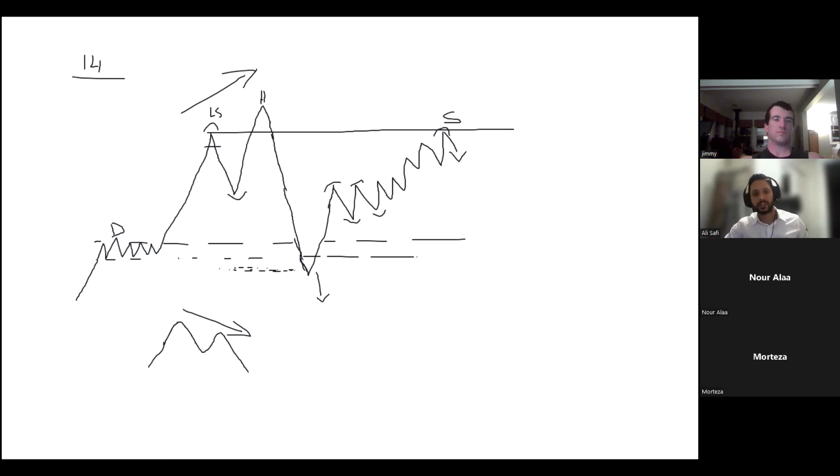We will discover this area, where is our stop loss and where is our entry point in the chart. But this is just a concept. And we put our stop loss just above this. Some people put it above the head. That would be a huge stop loss.